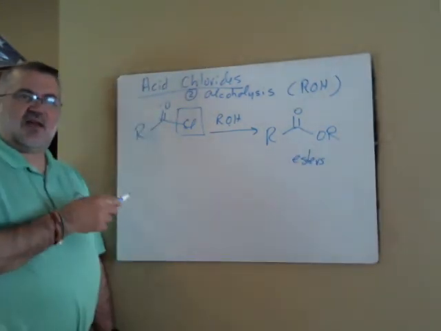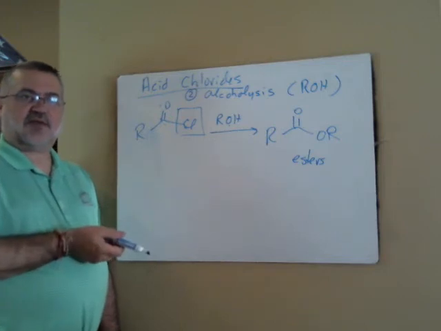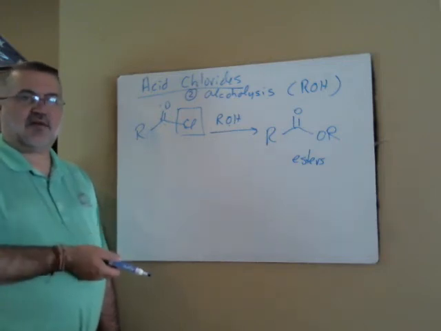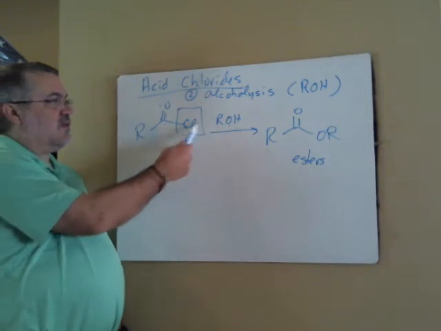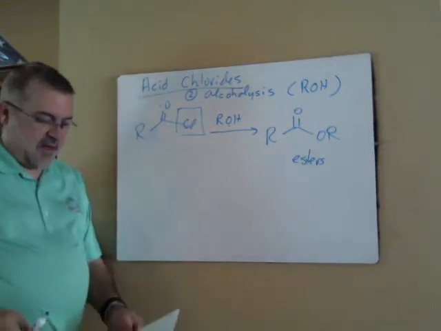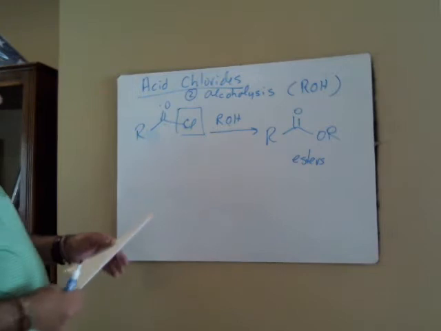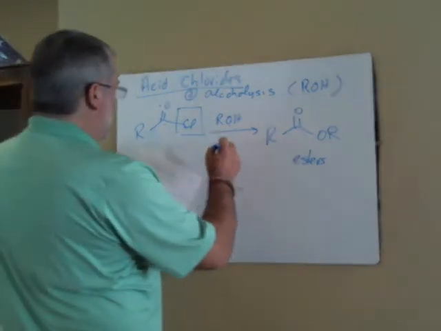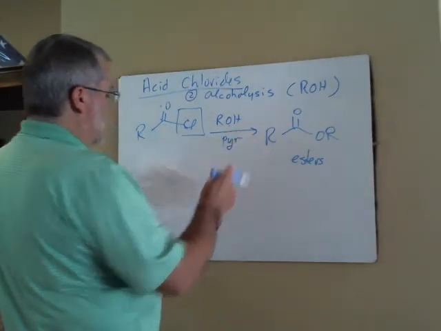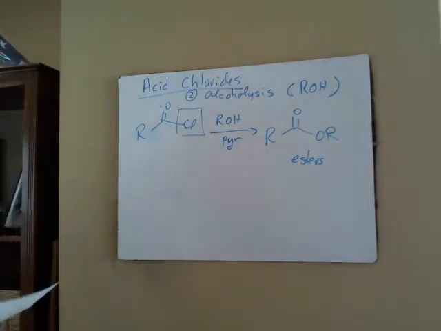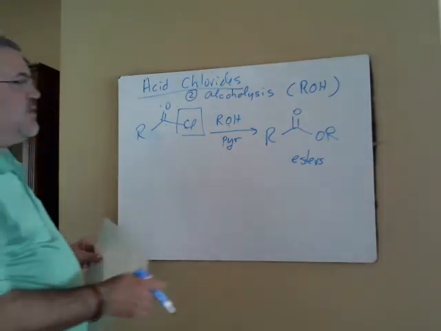There's no way you could miss the transformation for any of these on the next test, because all I'm doing is sticking this where that is. Okay, it's that simple. Now usually when you do this, you have pyridine present. Okay, and that's simply because you're producing HCl.